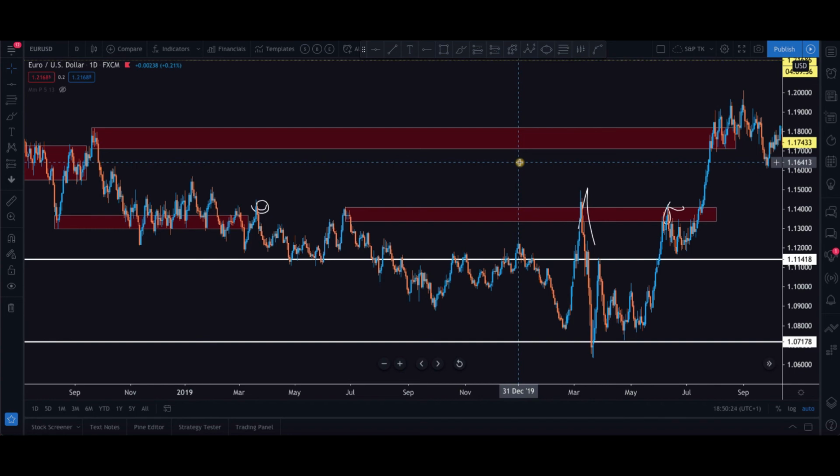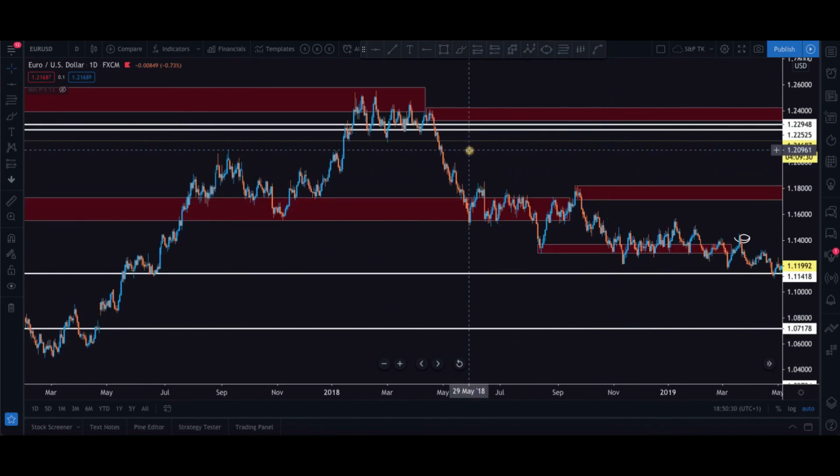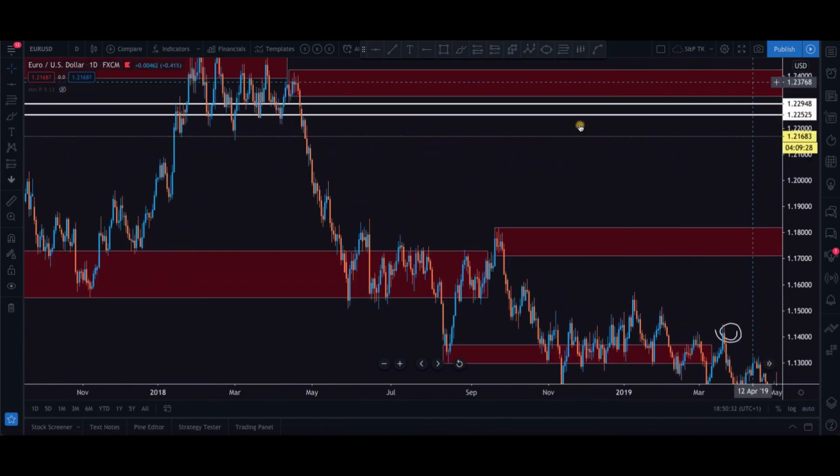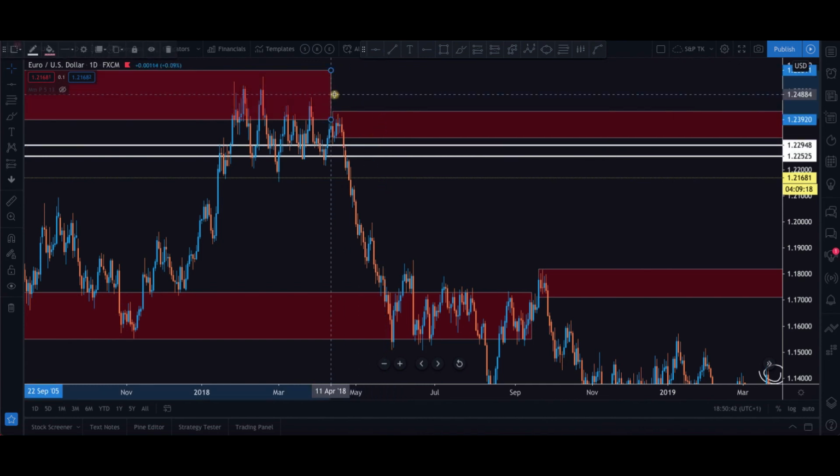How do you do that? Look, you just have to see where the price in the past changed the trend. Maybe you consider this obvious, but it's not so obvious.